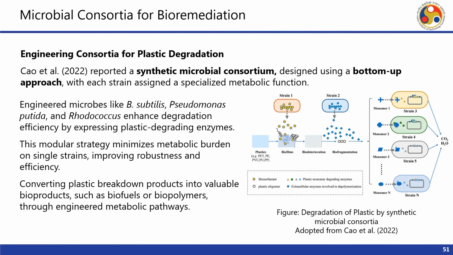So, this is an overall scheme of degradation of plastics by synthetic microbial consortia, and then we may have other strains 3, 4 and 5, each of them doing different specific tasks and thereby degrading the polymers into different monomers, and also in the process releasing water and carbon dioxide gas.